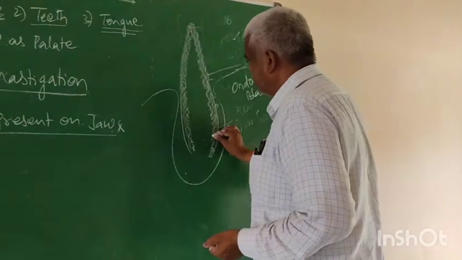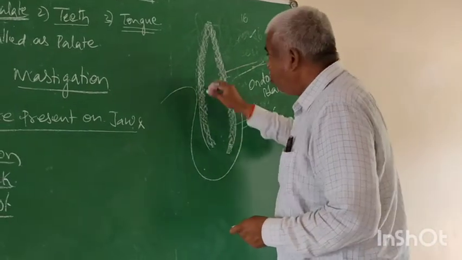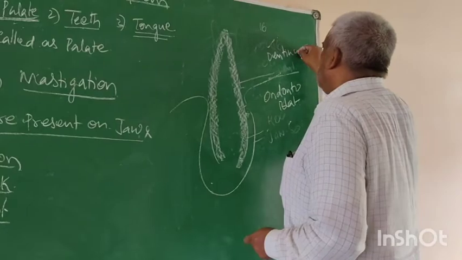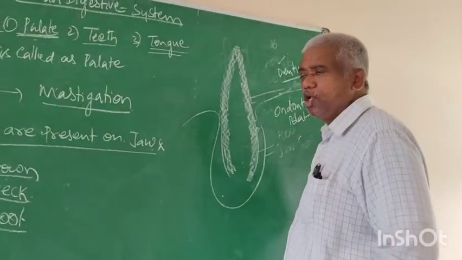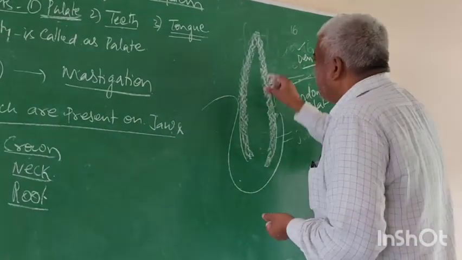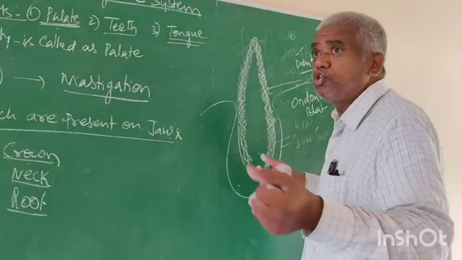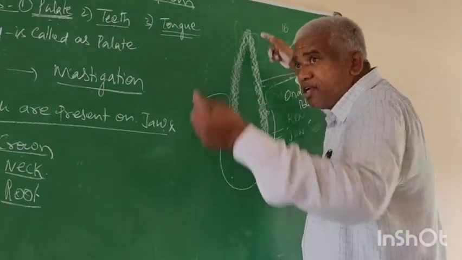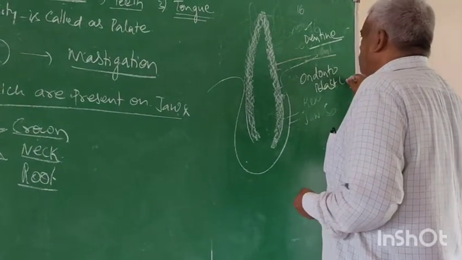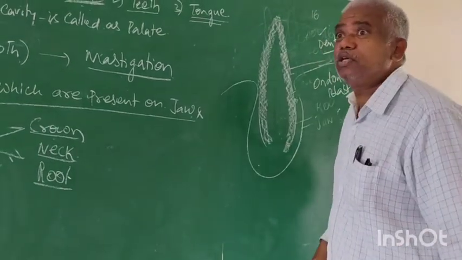Once again, the substance that forms the teeth is called dentin. Like the skin, which is made with cells, the teeth are made with dentin, and this dentin is made with odontoblasts.